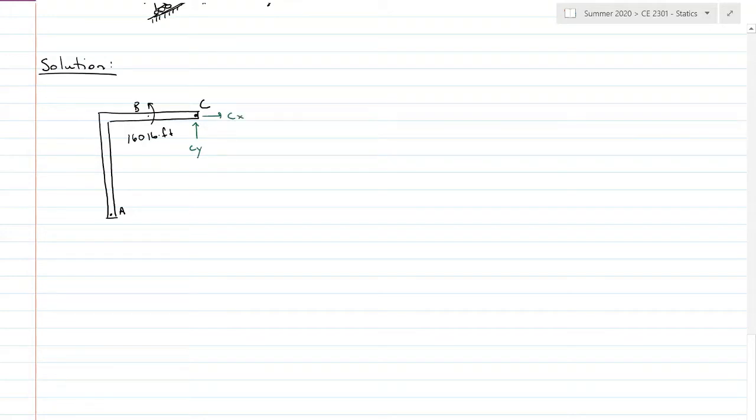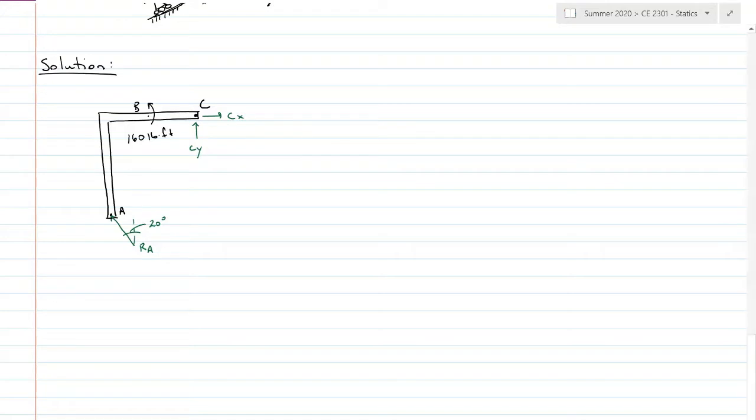And I have reaction A that is acting perpendicular to the surface. So if the surface is inclined at 20 degrees, that means I'm acting perpendicular to that, which means that I am 20 degrees from the vertical. And I'm just going to call this reaction A.